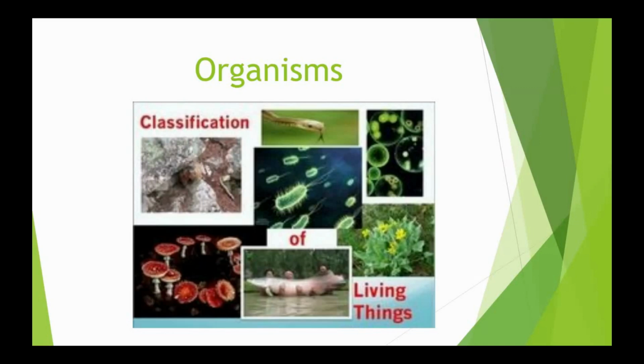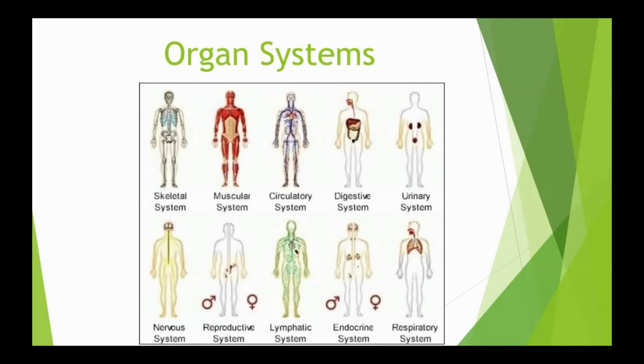So looking at organisms themselves, organisms can be very large or very small, looking at things like bacteria all the way to whales or elephants, looking at plants, fungus, all of those different types of organisms. If we then go down one level from an organism, we're going to look at what are called organ systems.